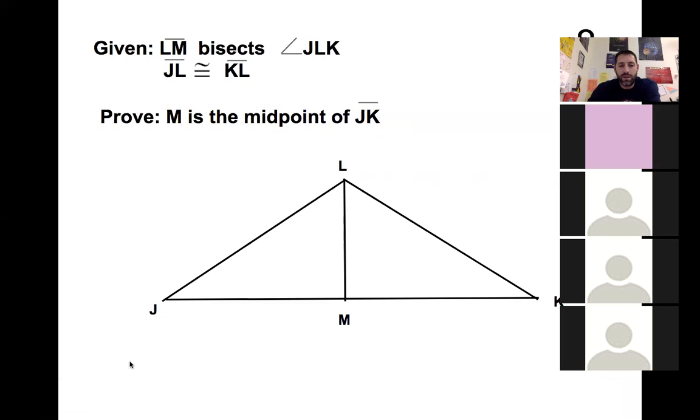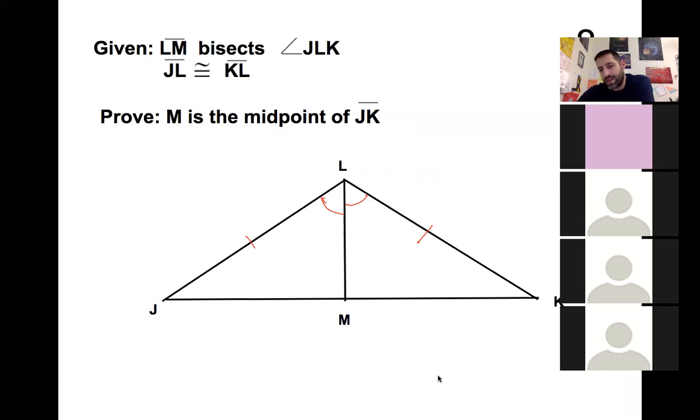So I'm going to mark down what we have so far. We're given that LM bisects angle JKL. Because it's bisecting it, it's going to cut this angle into two smaller but congruent angles. We're also given that side JL is congruent to side KL.